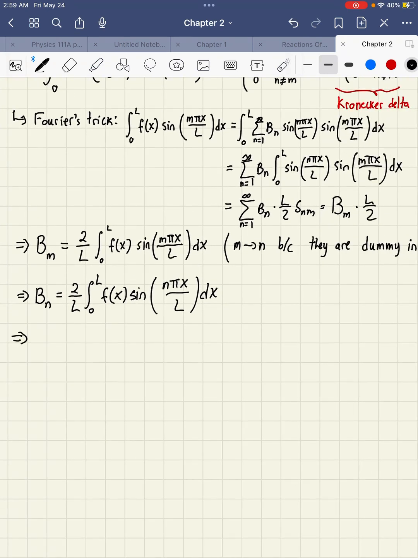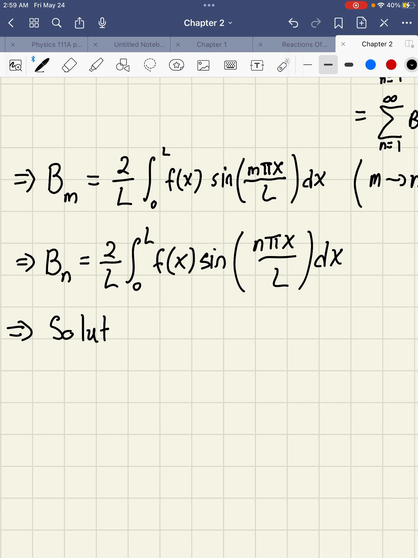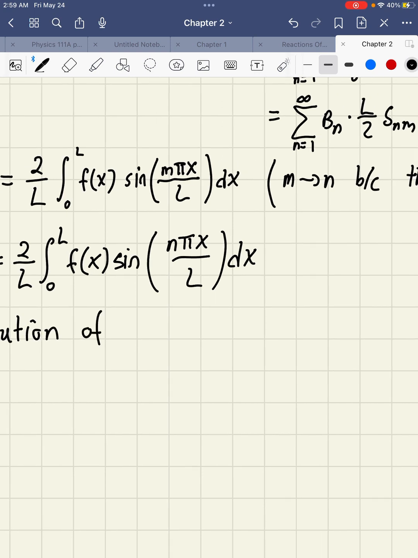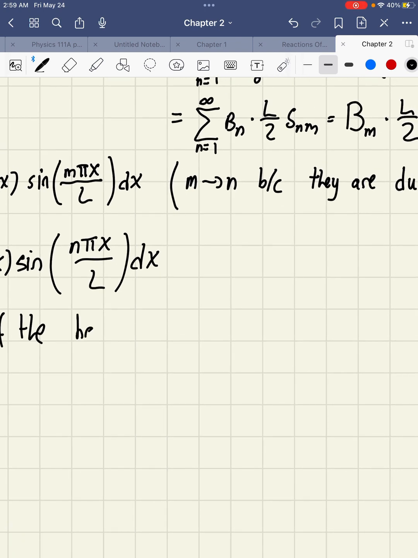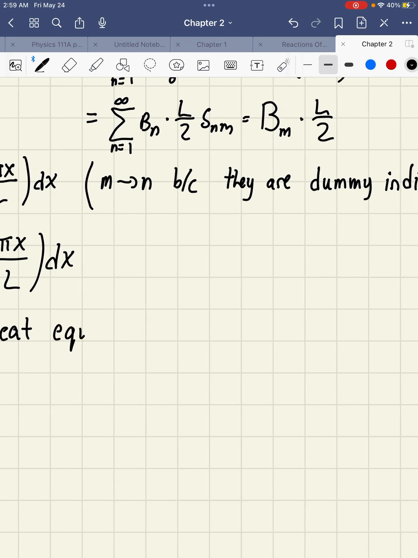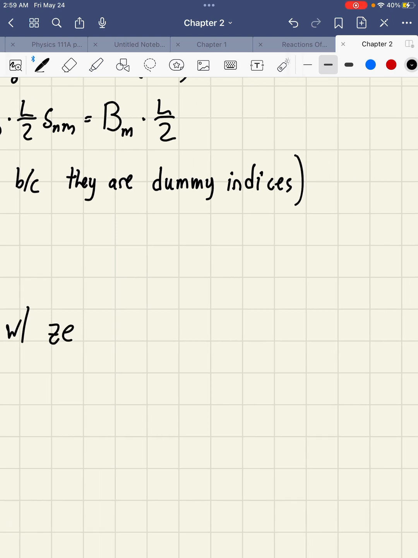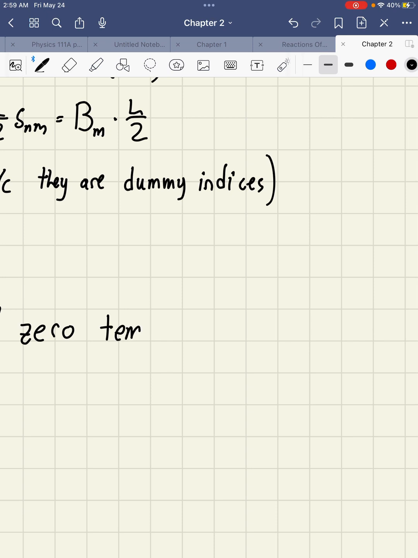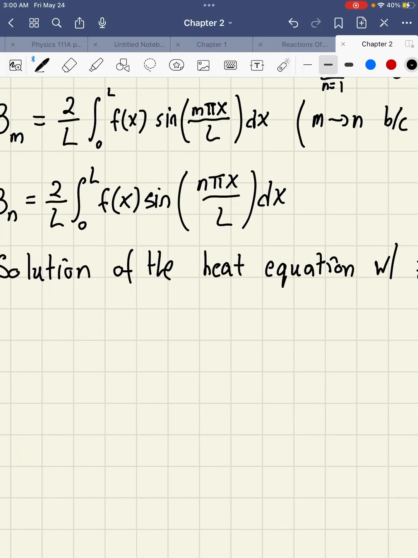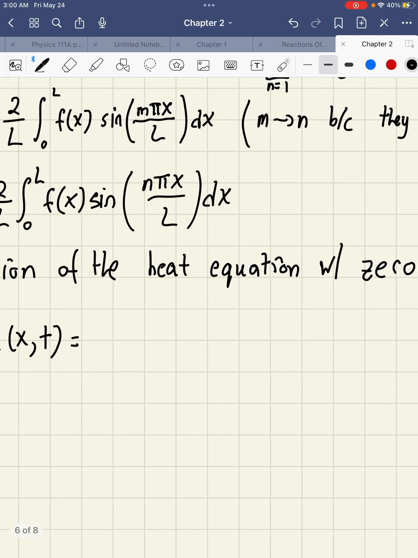Therefore my solution of the heat equation with 0 temperatures at finite segments is, so my u of x t is equal to the Riemann sum.